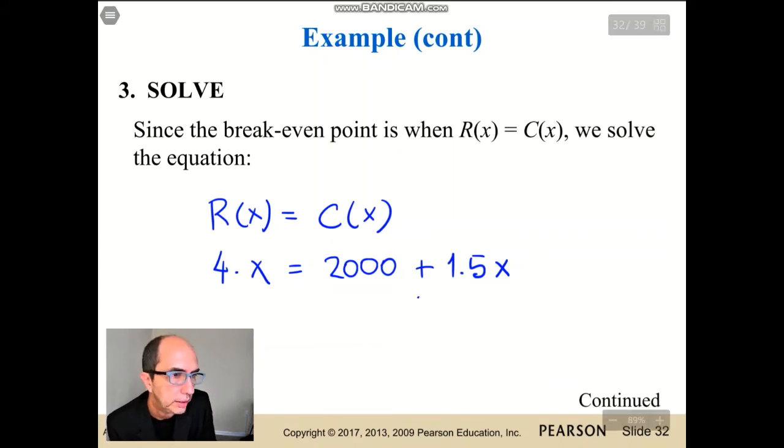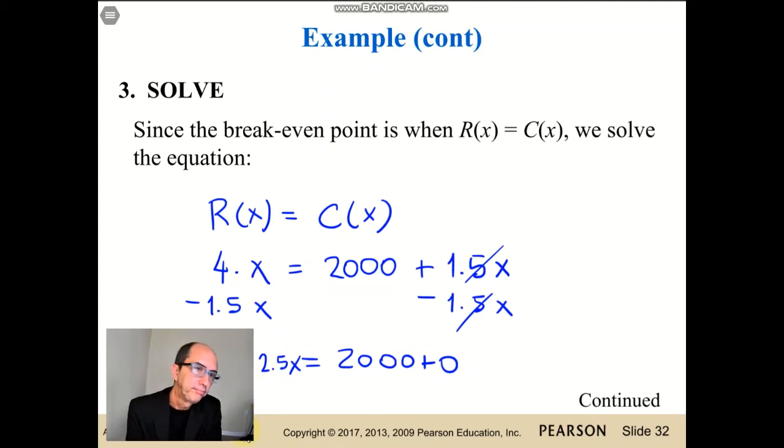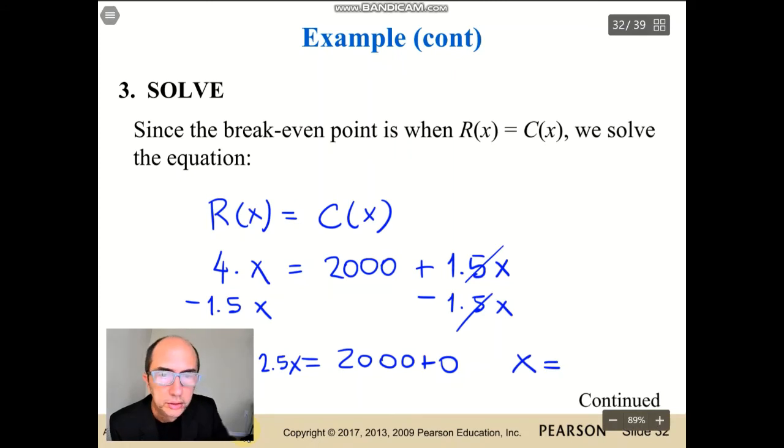In this situation, let's subtract 1.5x from both sides. Then we will have 2000 plus 0 equals 2.5x, 4 minus 1.5 is 2.5. And x is going to be equal to 2000 divided by 2.5, which is 800.